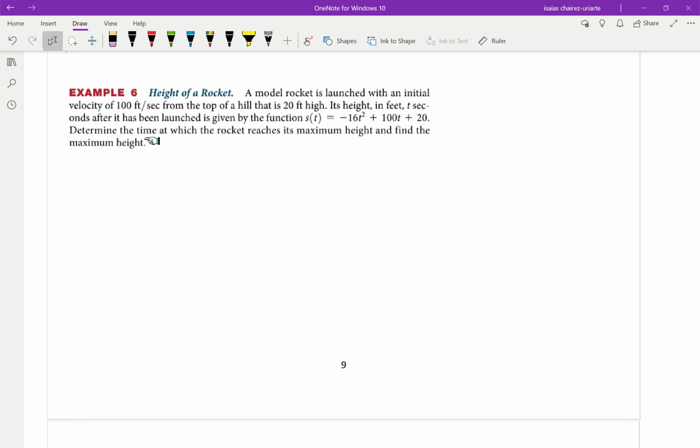Okay, so hopefully you have some answers. In our application, you have the t-axis, which represents time in seconds, and over here I have s of t, which is height in feet.